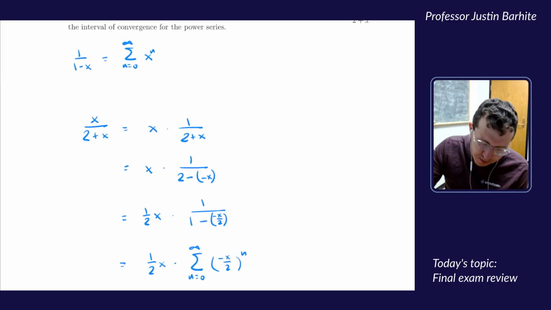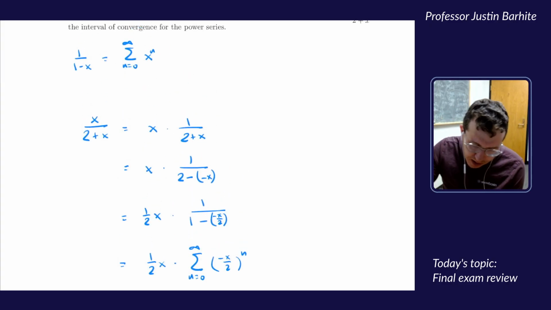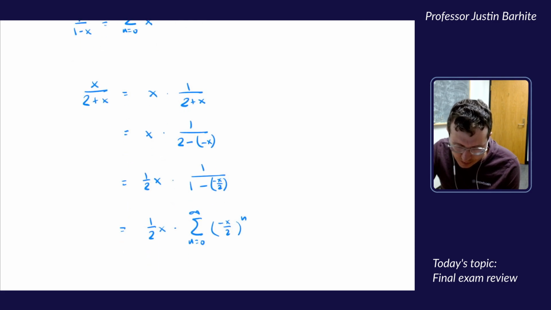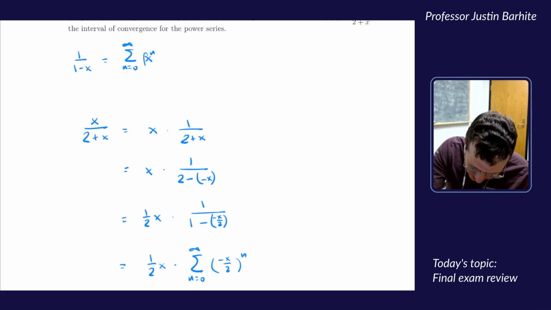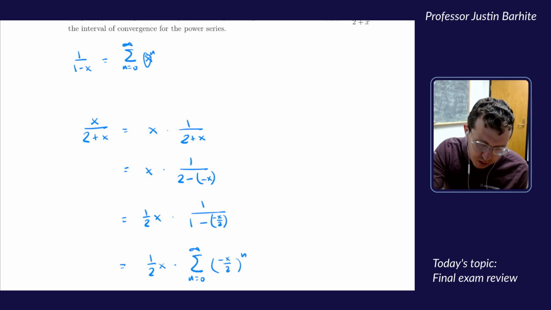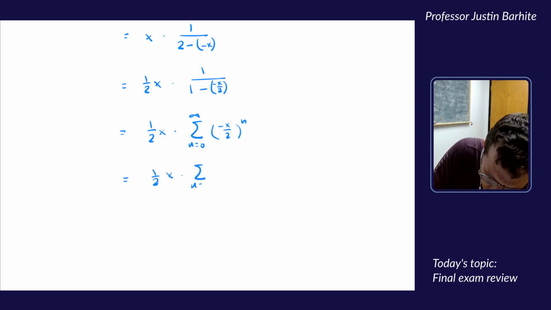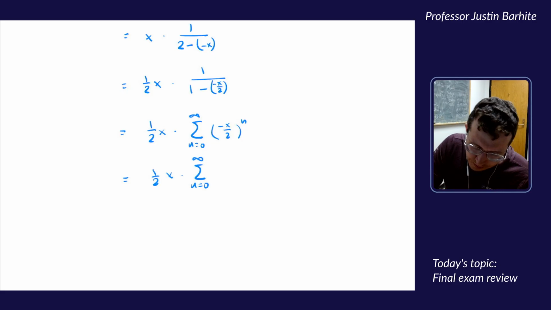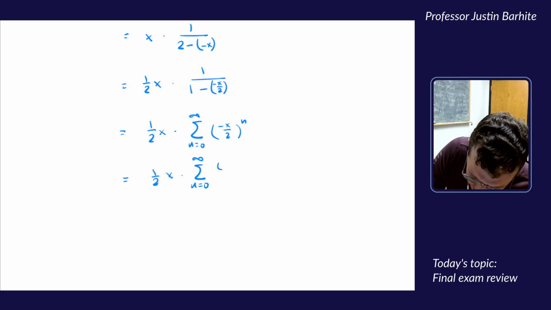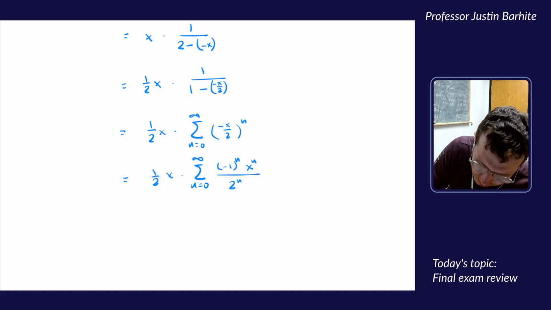this power series, the geometric power series. But I'm plugging in minus x over 2 for x. If we distribute the nth power, we get minus 1 to the n times x to the n over 2 to the n.